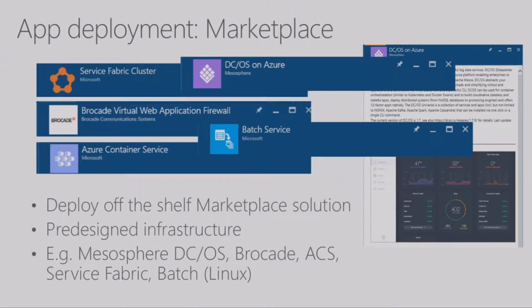What's nice about that is that somebody else designed the infrastructure. Again, there's a template in the background, but you don't have to care about it. Someone else designed it. So if what you need is in the Azure Marketplace, or if you're building a solution that you want other people to use and you put it in the marketplace, then it's very easy. You just go deploy that. So that's really application deployment method 1, the easy off-the-shelf solution.